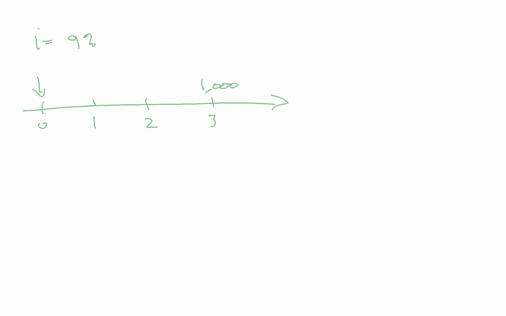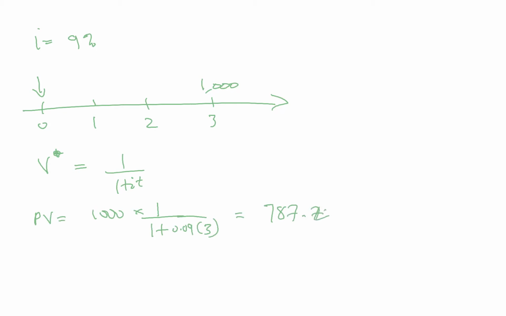So the solution is that you use a discount factor, v to the power t, or just v. And on simple interest, this is equal to 1 over 1 plus it. So to know the value today, my present value is equal to 1,000 times 1 over 1 plus 0.09 times 3, and that's equal to 787.40. Okay.